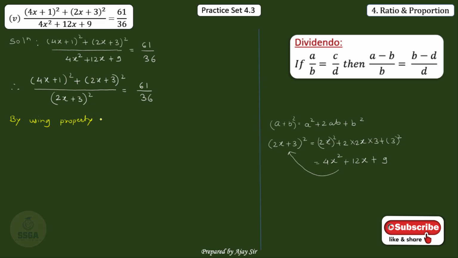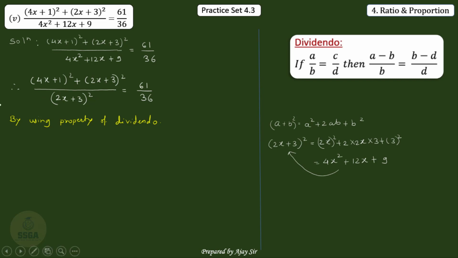After using that property, we know that for a by b, it is (a minus b) divided by b: the full numerator minus the denominator, divided by the denominator. The numerator we will write in a square bracket now.